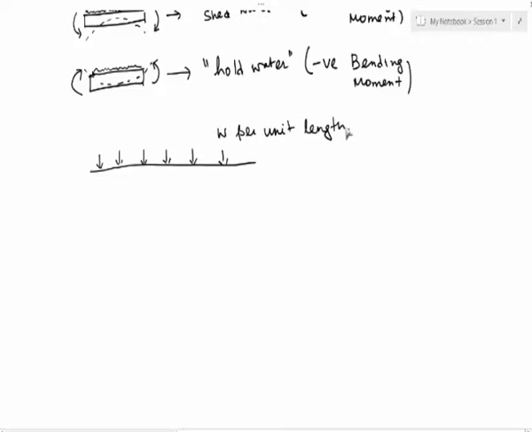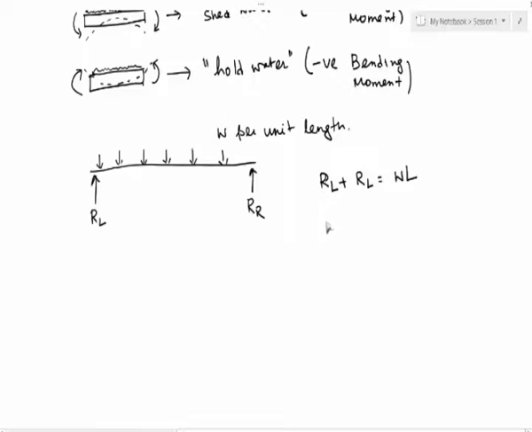Because this beam has to be in equilibrium, the reactions have to be determined such that the equilibrium condition is satisfied. So if we have to satisfy the equilibrium condition, the conditions are RL plus RR has got to be W times L, and also if I take the moment about this left support, what do I get?